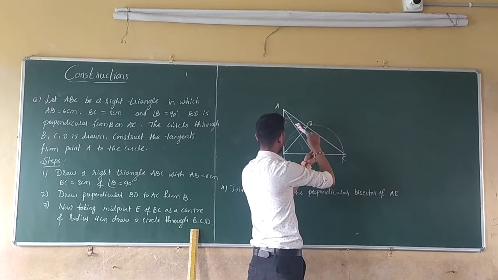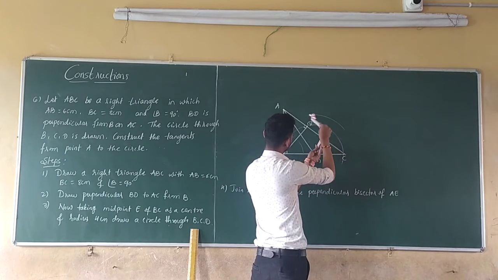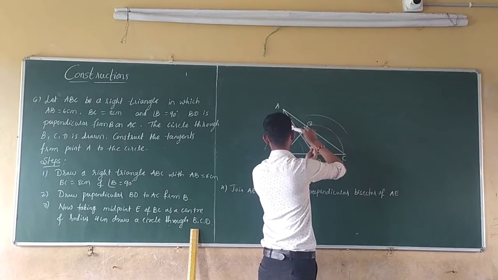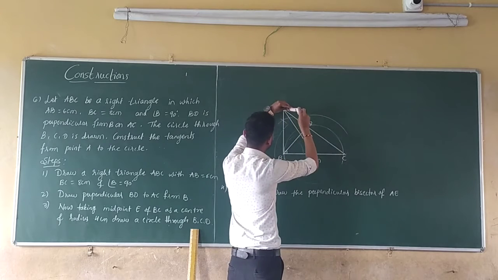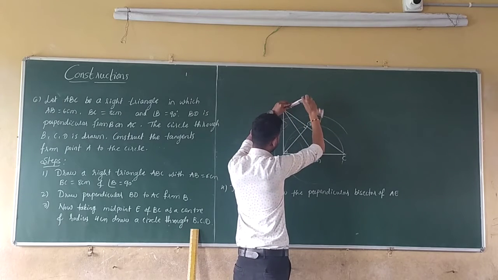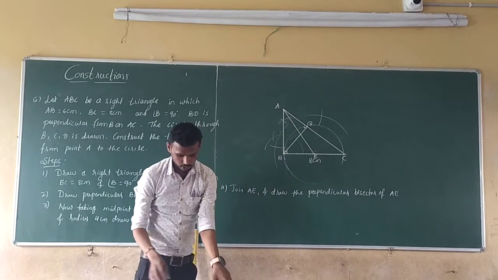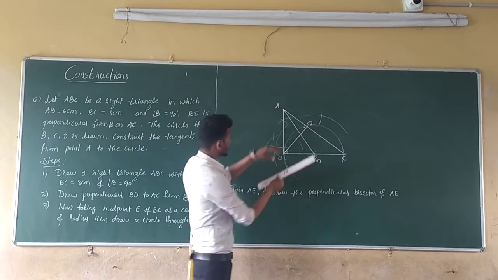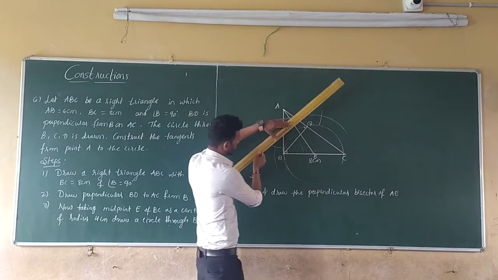Take more than half of this line segment and draw the arcs at the upside and the downside. Where those two arcs intersect each other, through that draw the line segment.